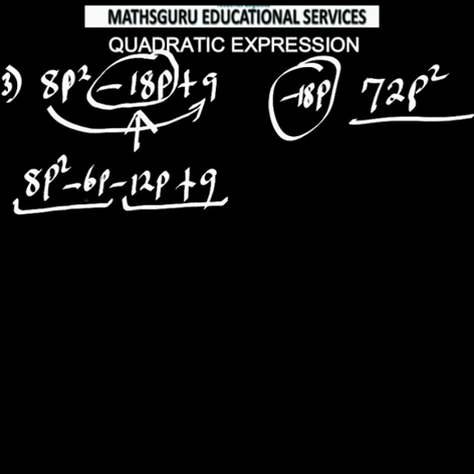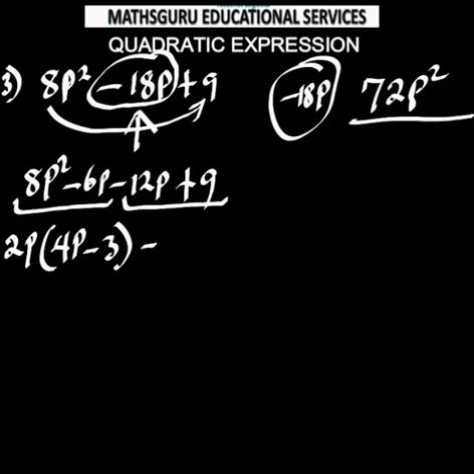For the first expression, the HCF of 8p squared and 6p is 2p. 2p can go in both. 2p in 8p squared will be 4p minus, 2p in 6p will give 3.